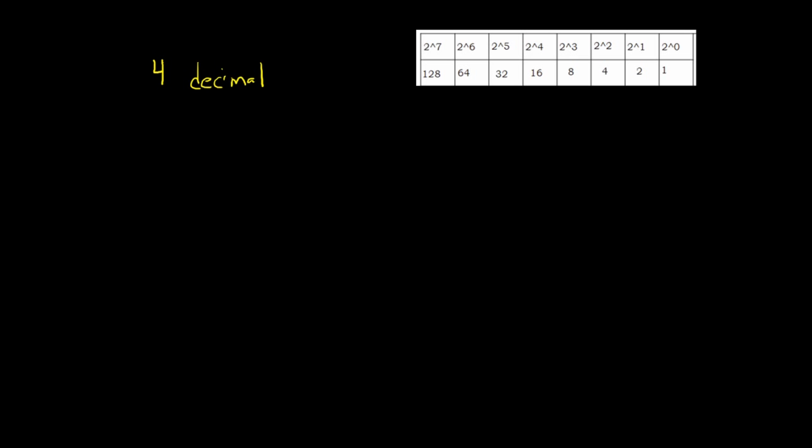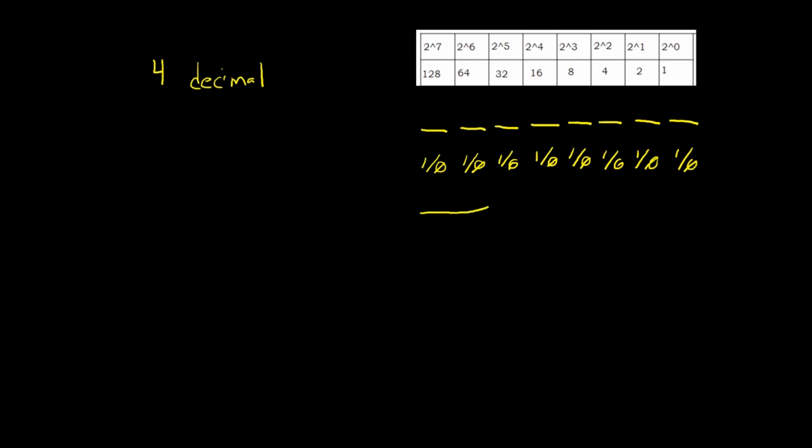So how many places does this fit into? Now remember, because this is an 8-bit system, I have 8 different choices. Each one of these is going to be a 1 or a 0. And we have to make a determination about which one is going to be which to do this conversion.